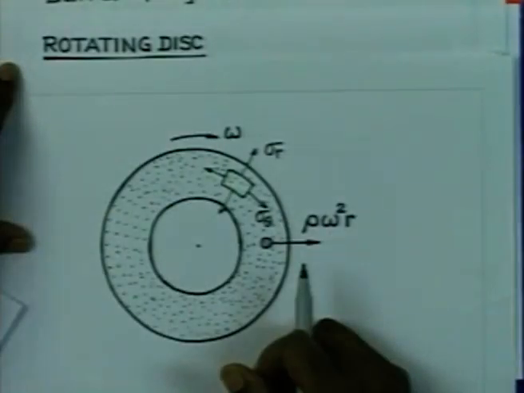The difference between this case and the thick cylinder under internal pressure is that in this case the loading is like a body force, whereas in the case of internal or external pressure it is pressure loading that is coming on the outer boundary.